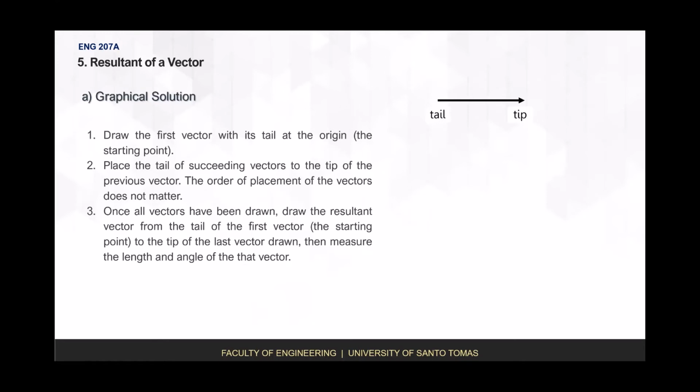So A, then B, then C. And the order of placement of vectors doesn't really matter. Once all the vectors have been drawn out, draw the resultant vector from the tail of the first vector to the tip of the last vector drawn, just like so.